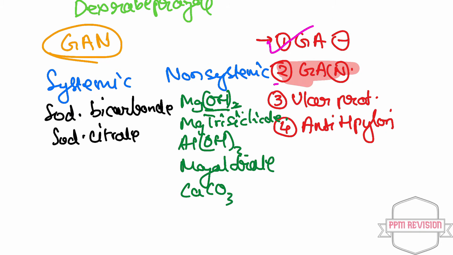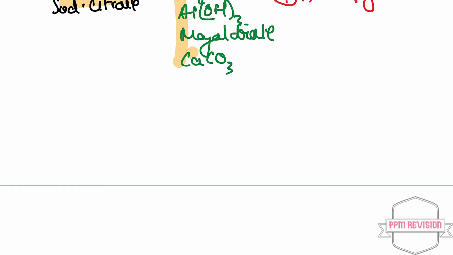Just to recap, let's just highlight and read. So we have the gastric acid neutralizers, systemic and non-systemic. Under systemic we have this and then this. So it's done. Next we'll be looking at another category, that is nothing but the ulcer protectives.